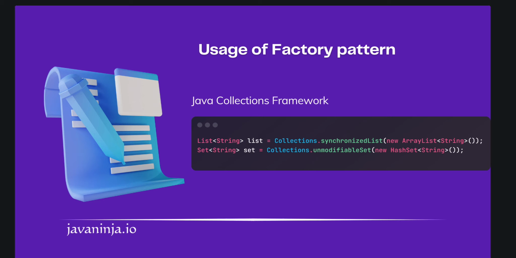For example, the Collections class provides factory methods for creating read-only collections like this, unmodifiableSet, or synchronized collections like this. So this is one example where the factory pattern gets used within the collections framework.